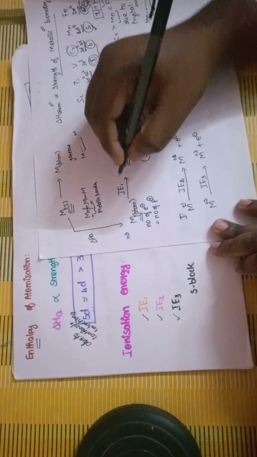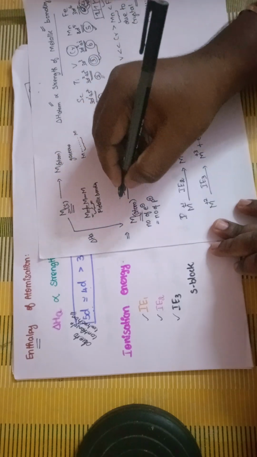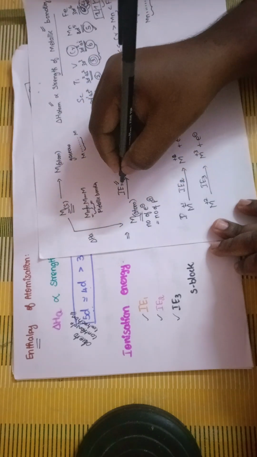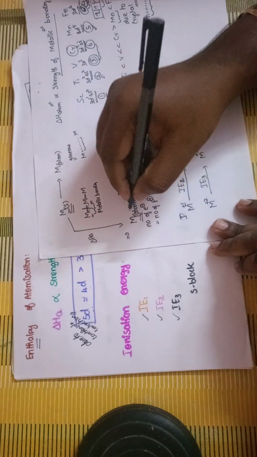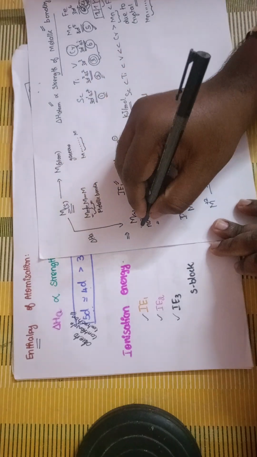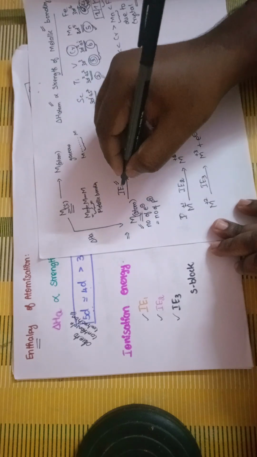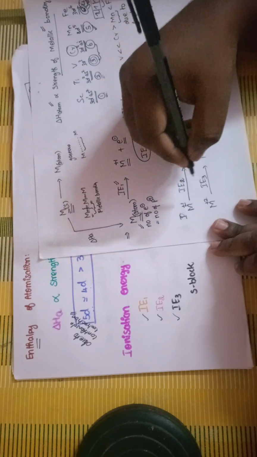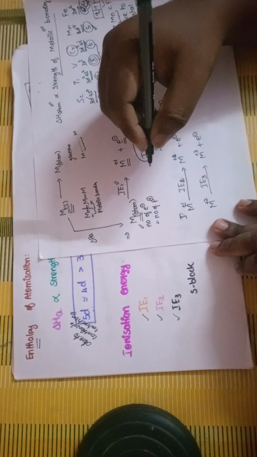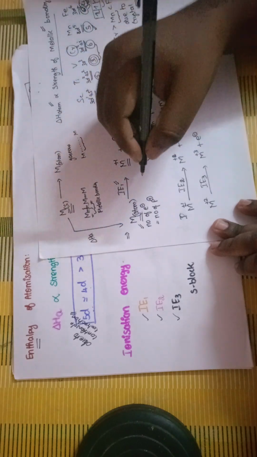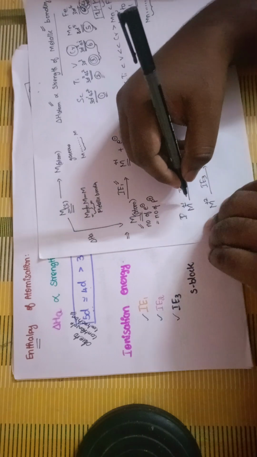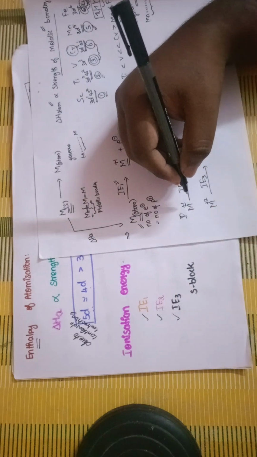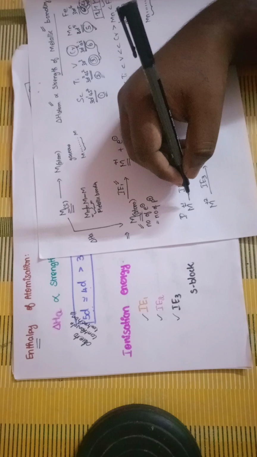So to define IE1, the amount of energy required to remove the most loosely bound electron from an isolated gaseous atom, that is first ionization energy. IE2 is second ionization energy. To define this, the minimum amount of energy required to remove the valence electron from a monopositive ion.